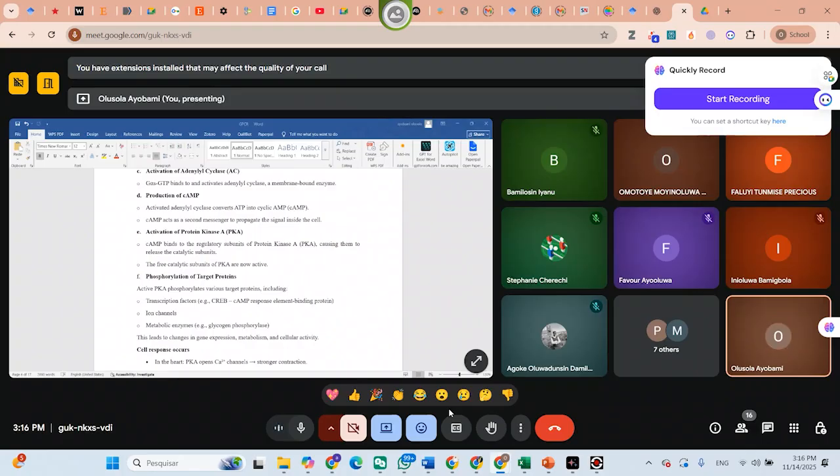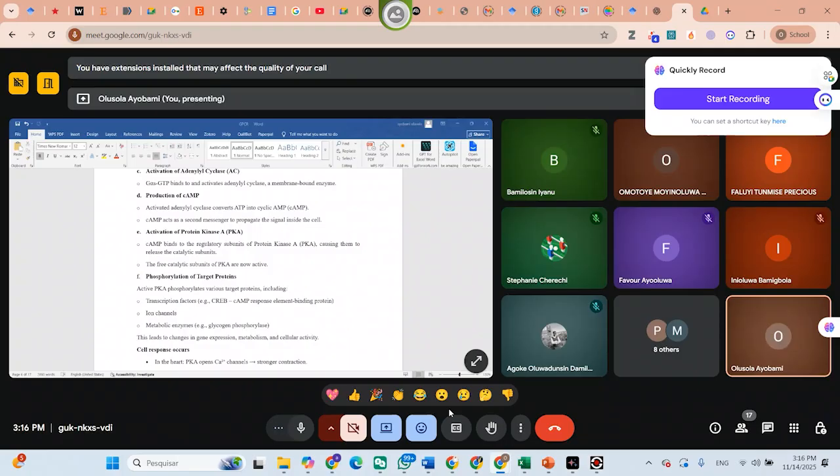I should also say this. When we say kinase in biochemistry, what a kinase does is add phosphate groups to molecules. So kinase phosphorylates, all right? Cyclase converts a structure from the linear form into the cyclic form, while phosphatases dephosphorylate.